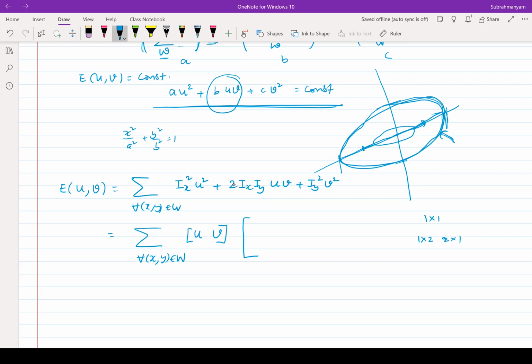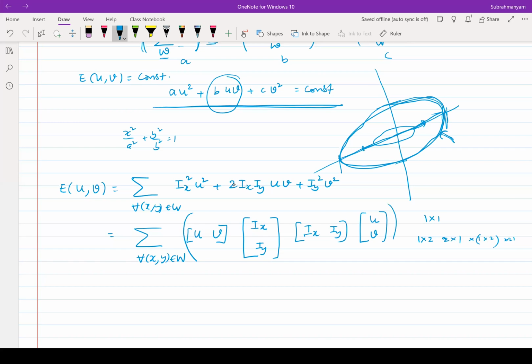The 2 cross 1 is, let me write here, Ix Iy. Then again let me write it as 1 cross 2 here, that would give me Ix Iy, followed by 2 cross 1, that means u v.